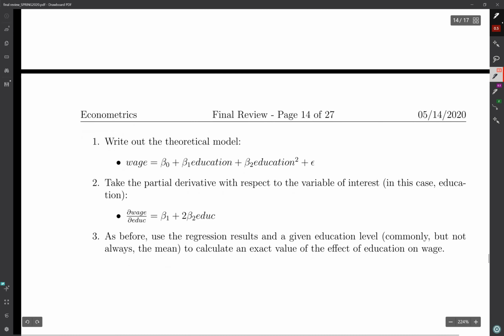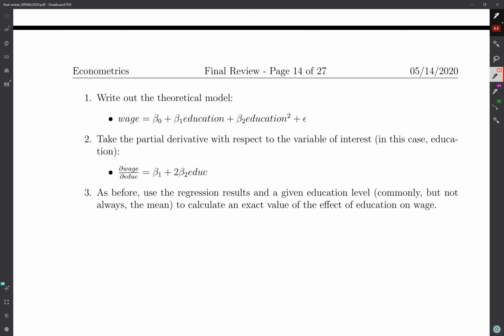Okay, we do the same thing if we had a polynomial. Remember, we're just going to take the derivative of this with respect to education. So let's take the derivative of beta 0 with respect to education. It's nothing. What's the derivative of beta 1 times education with respect to education? It's just beta 1.